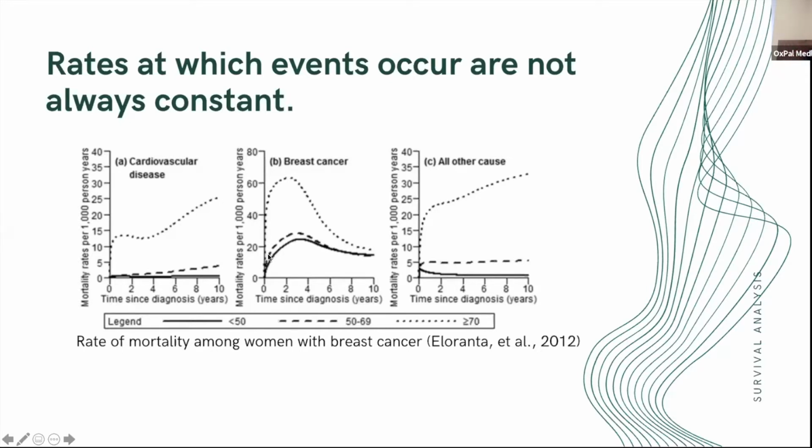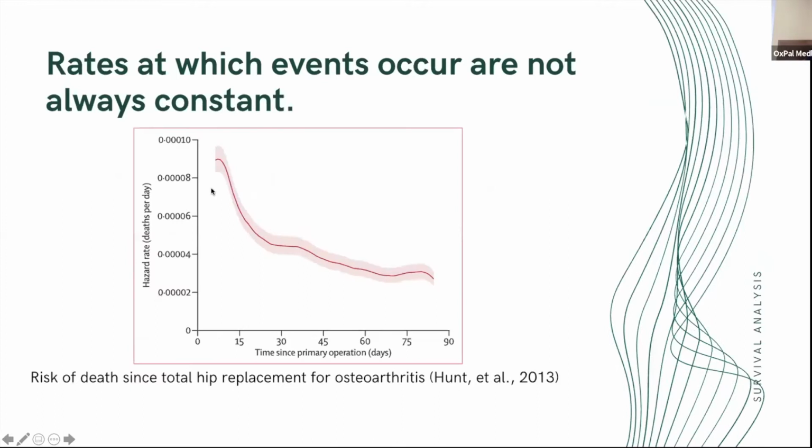So remember how we use the concept of time here. In essence, we're looking at rates as well. And then here, this is a risk of death since total hip replacement for osteoarthritis. After surgery, the rate or the risk of death is high and then it eventually goes down in this study.